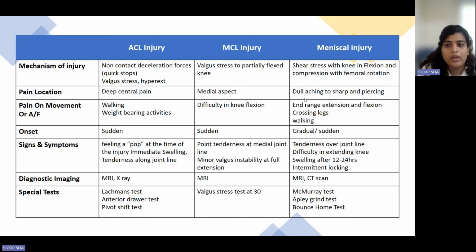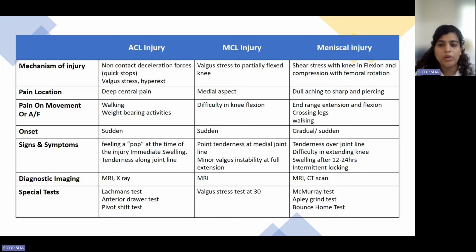The pain is dull aching to sharp and piercing, right? There is pain in end range extension and flexion. The patient complains of difficulty and pain while crossing the legs, pain while walking, and sudden twisting and pivoting. The onset is sudden or gradual.